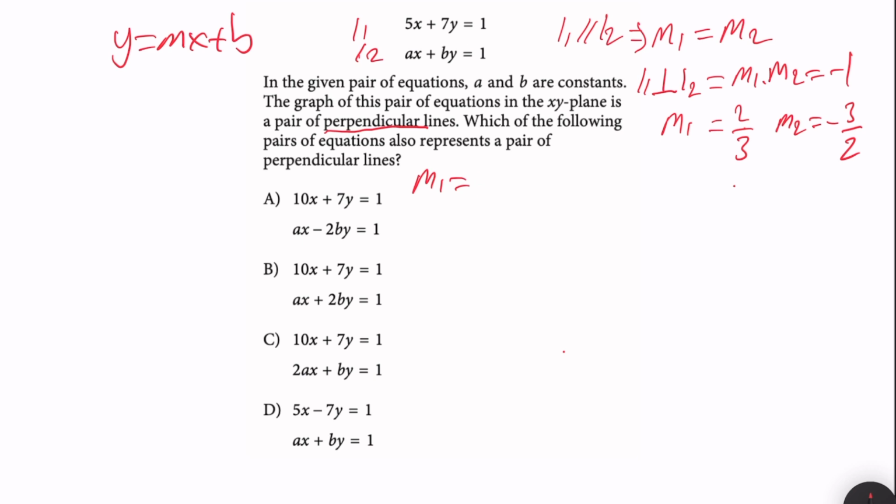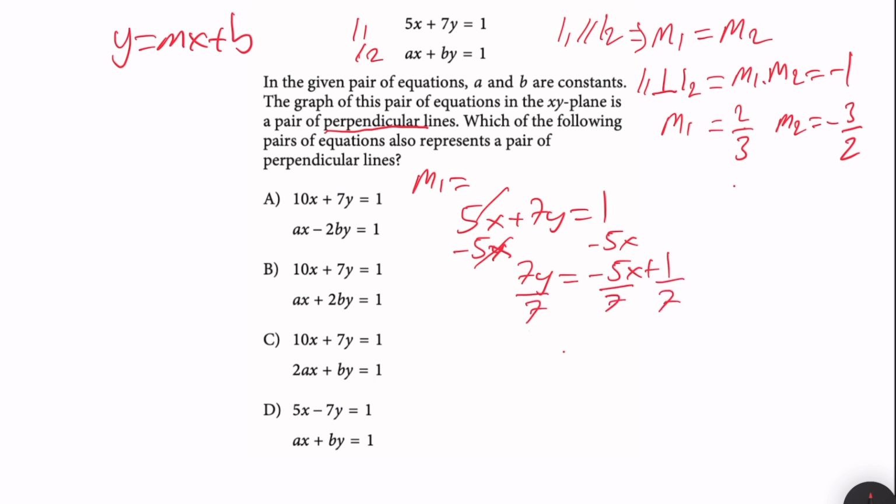Let's write this equation: 5x plus 7y is equal to 1. I need to isolate the y. I'm going to take away 5x from both sides, and I will have 7y is equal to -5x plus 1, divided by 7.